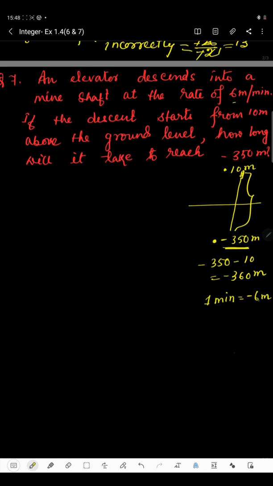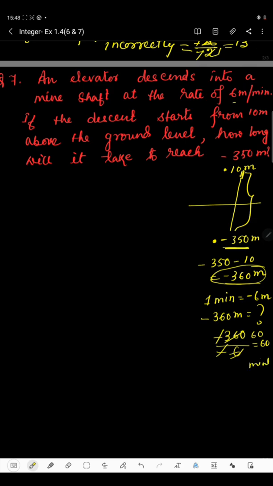So in 1 minute it moves -6 meter. We will have to find how much time it will take to reach -360 meter. If you divide 360 by -6, then we will get 60 minutes, right?